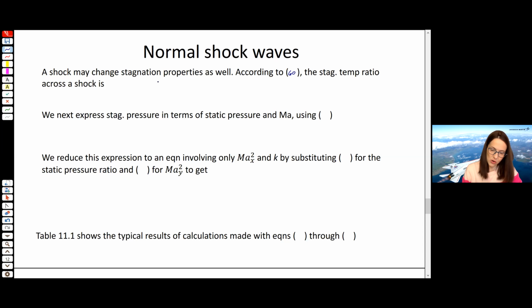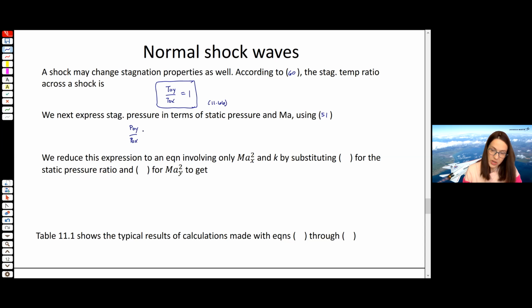All right, so here I'm just recopying equation 60 that we derived two slides ago, and boxing it. Just a reminder that the stagnation temperature does not change across a normal shock. And then to get a similar expression for the stagnation pressure across a normal shock, we use equation 51, and we end up with the following expression.